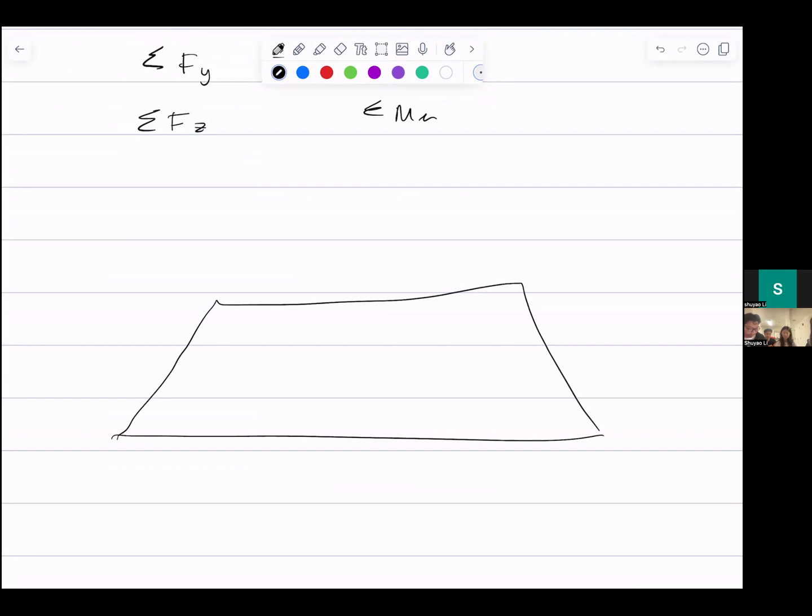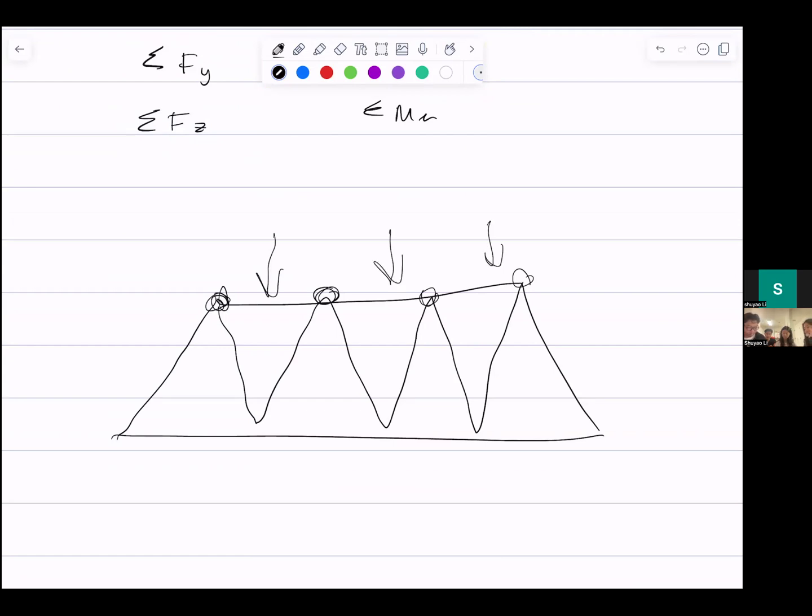So for example, let's say we had a number of joints going along this design. The applied loads would not be in between the joints. Instead, we are assuming that it's only at the joints itself.